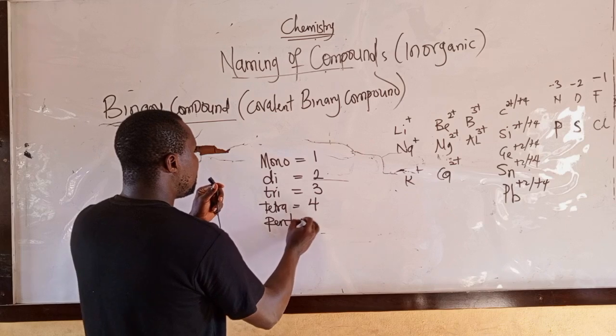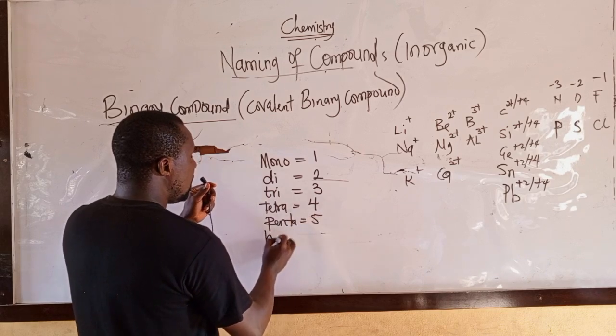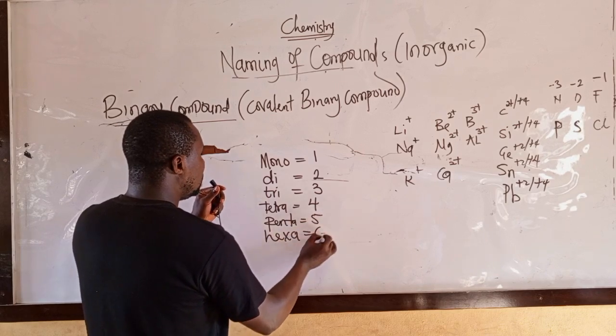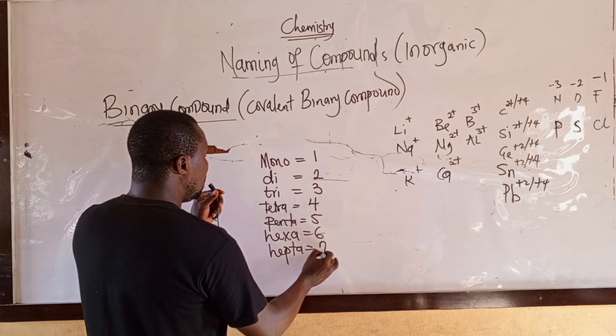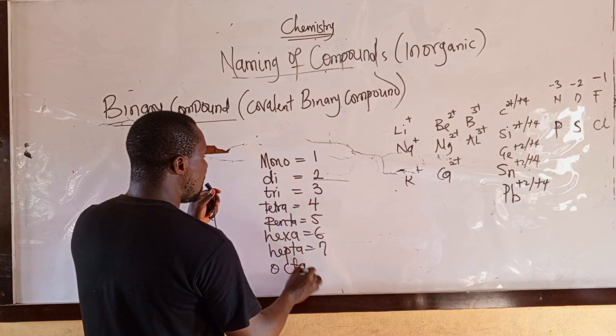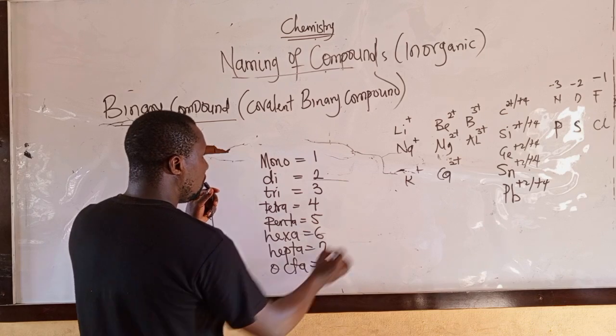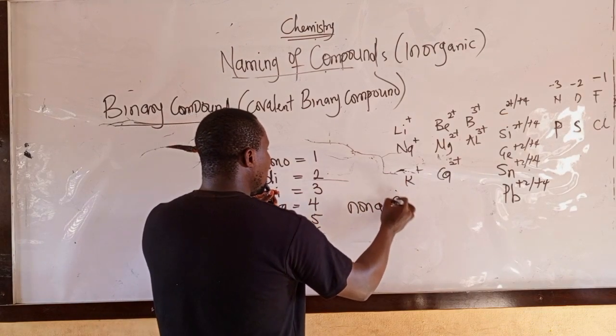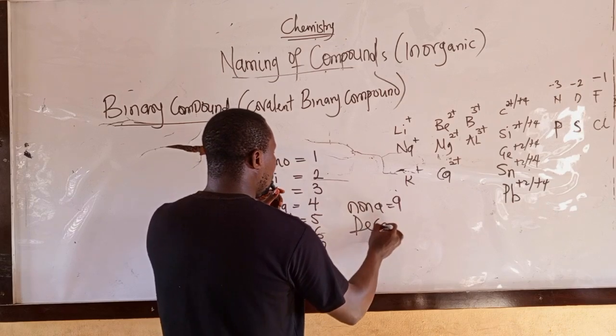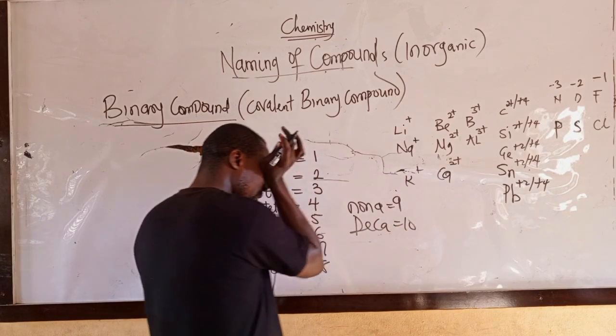Penta, five. Hexa, six. Hepta, seven. Octa, eight. Nona, nine. Deca, ten.